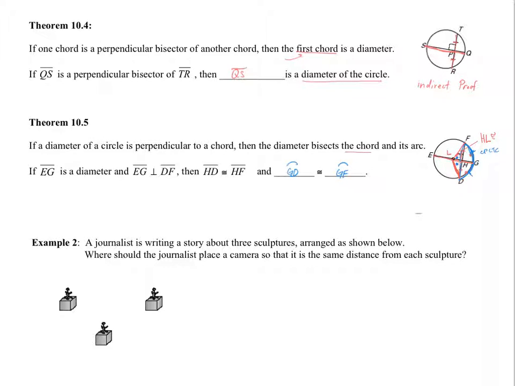Example 2. A journalist is writing a story about 3 sculptures arranged as shown below. Where should a journalist place a camera so that it is the same distance from each sculpture? First, we have to label the statues A, B, and C. And then I'm going to draw segments AB and BC.